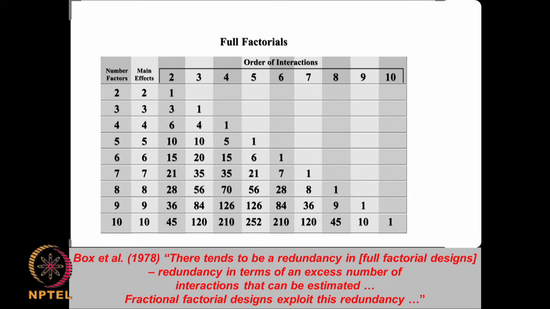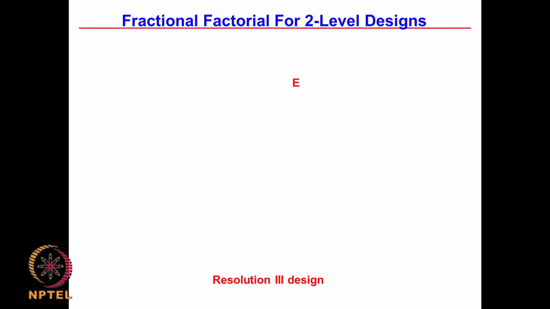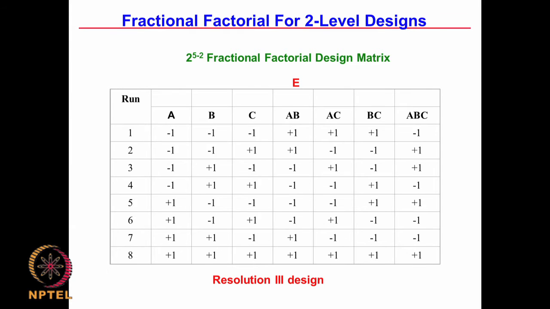See, these fractional factorial designs reduce the number of experiments dramatically, okay, and we can also get interactions, but there are some disadvantages also in fractional factorial, because unless you choose the number of experiments and where to put in your new factor, you may end up having something called confounding. That means sometimes 2-way interactions may be confounded, and sometimes main effects may be confounded with the 3-way interactions and so on.